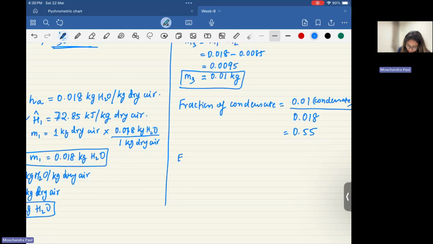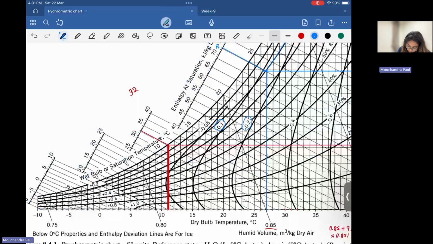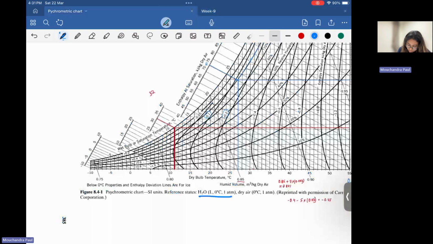For calculating the enthalpy of condensate, H3, we will choose the reference state 0 degrees Celsius, water in liquid, which is the same reference state that they used for making this chart as well.